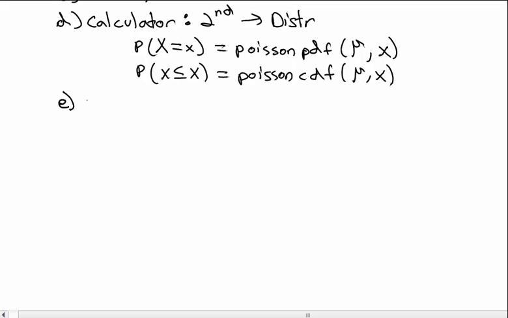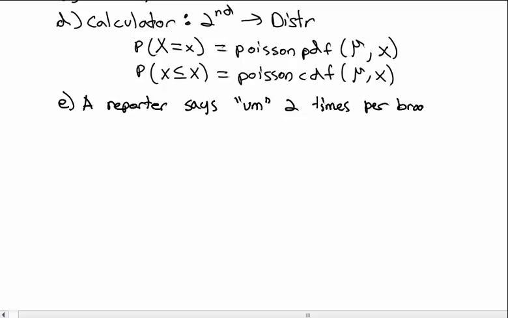So, let's say a reporter says "um" 2 times per broadcast. And you notice a broadcast is a period of time.